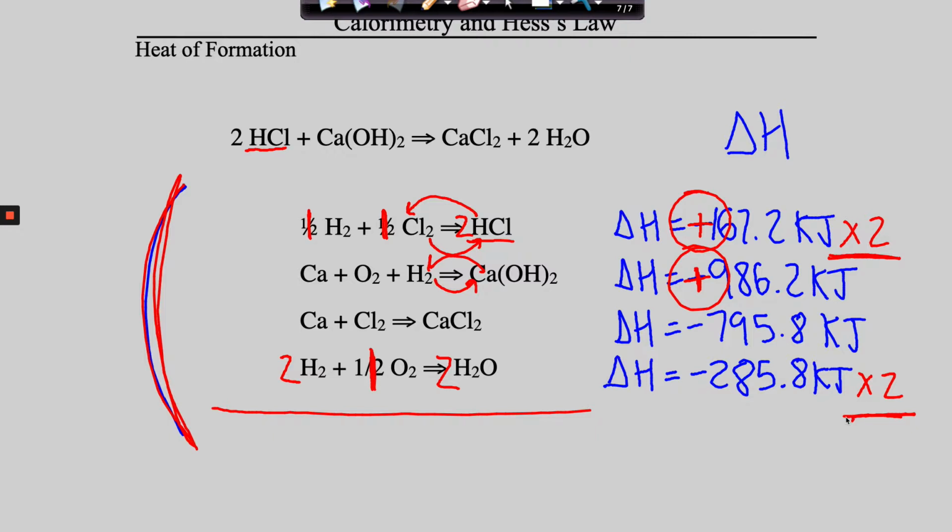Again, you're welcome to write this down, but you don't need to. We did two things. We took the heats of formation, we changed the signs on the reactants because they're consumed and not created, and then we multiplied by 2 because those are the coefficients from the balanced equations. Does that make sense?